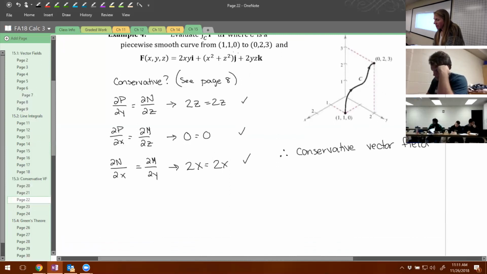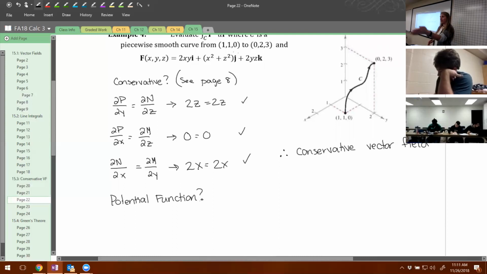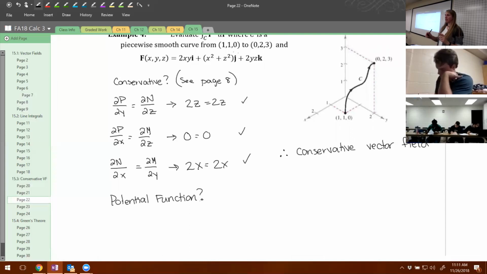So now we need the potential function. Essentially, we've said yes, this is a gradient of something, so undo that partial differentiation process. We're going to find the antiderivative of the x-component with respect to x, the y-component with respect to y, and the z-component with respect to z.